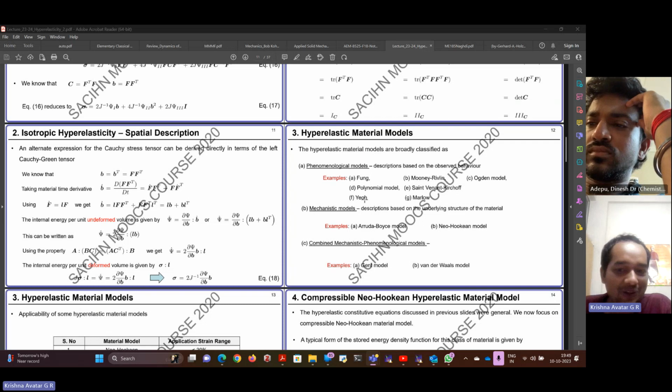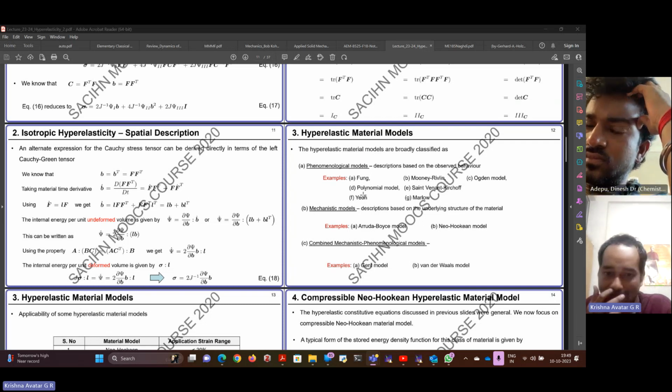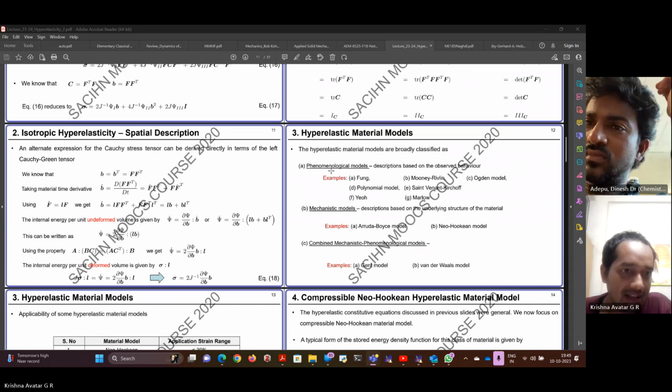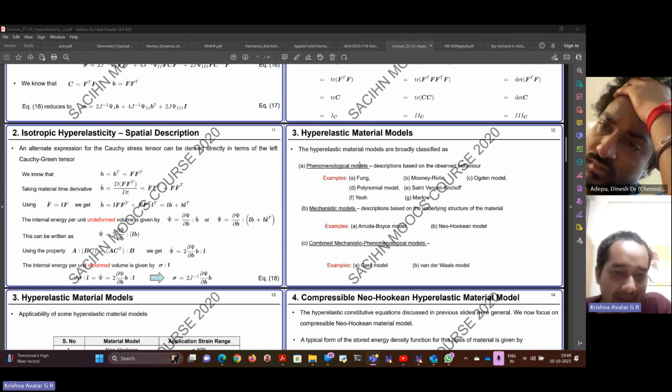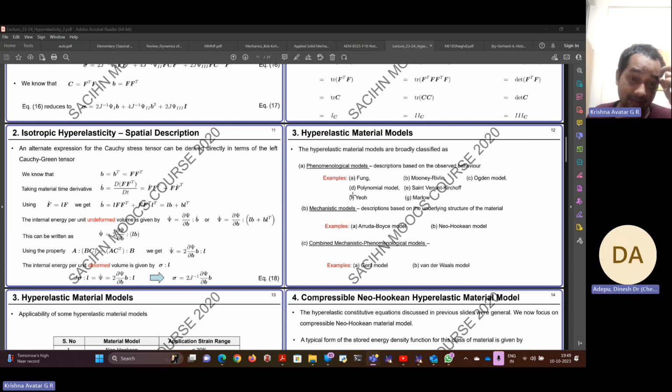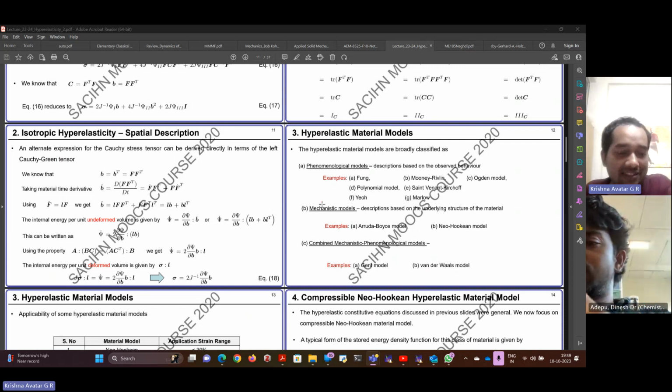And then you have the Marlow model, which is also used in biomechanics. So these are phenomenological. Phenomenological means based on what you observe, or models which were constructed using experimental data. You first hypothesize and then verify using experiments.